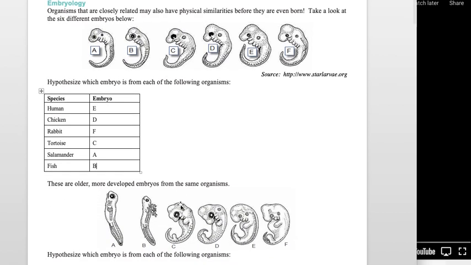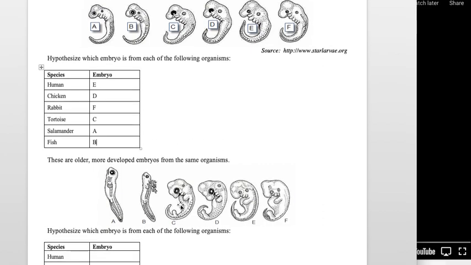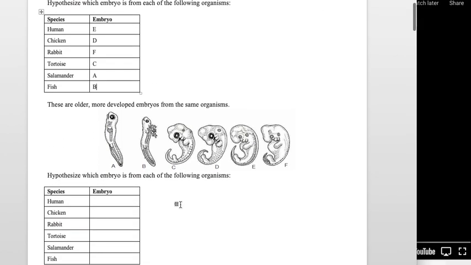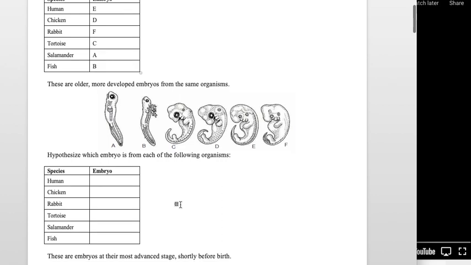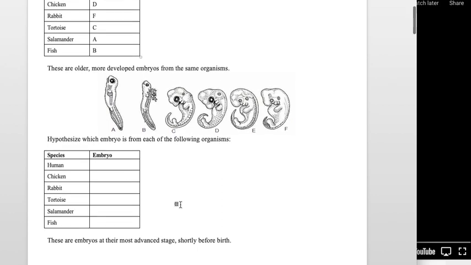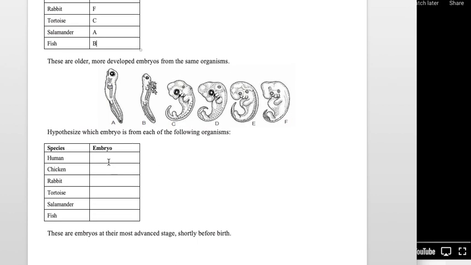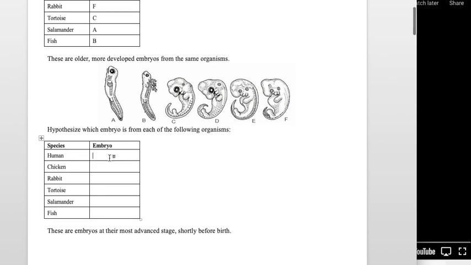Here you have a greater development of those embryos, and so with that development, I think that we can make another more informed hypothesis. I would probably guess that the fish would be embryo A, and perhaps the salamander is embryo B. You can kind of see that developing.